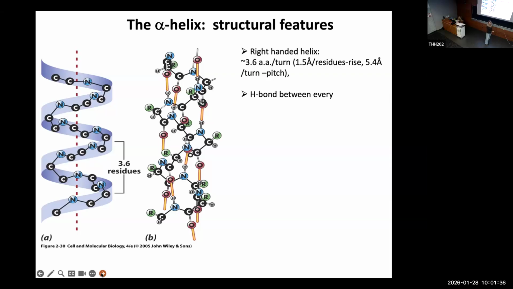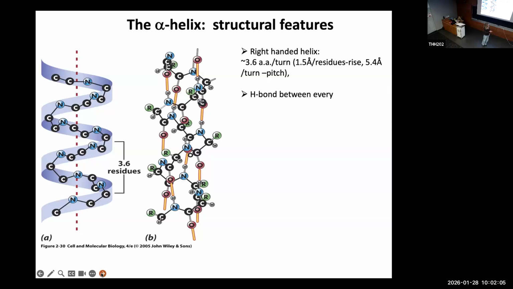The reason it's not an integral number is because the amino acids are held together by hydrogen bonding, and the hydrogen bonds are between the carbon and the oxygen that is part of the backbone of the polypeptide, and the nitrogen and the hydrogen below it. So this is the hydrogen bond donor, and this is the acceptor, and you get the hydrogen bond between those two.